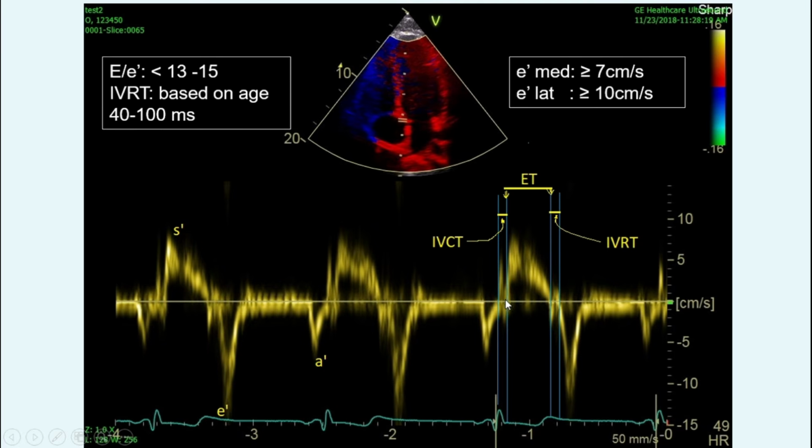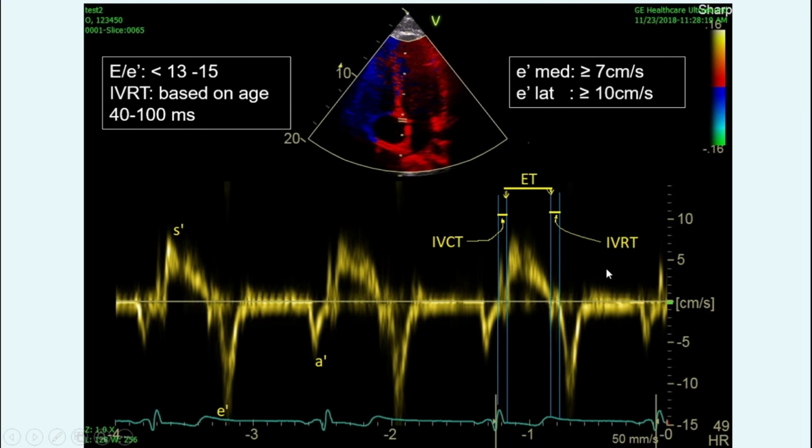So it starts right after R, as you see here, and we will see a spike here in the Doppler that represents closing of the mitral valve. The second click or spike is aortic valve opening. The time between these two, closing and opening of the valves, is IVCT.